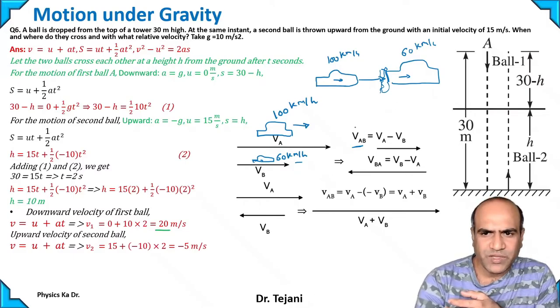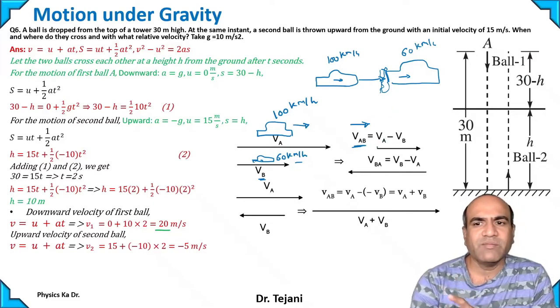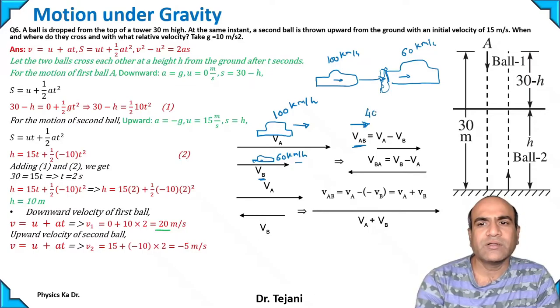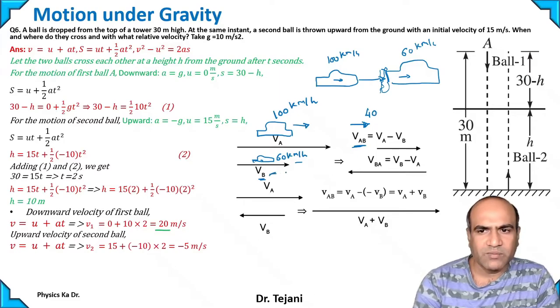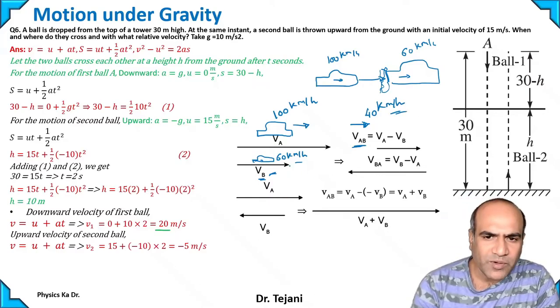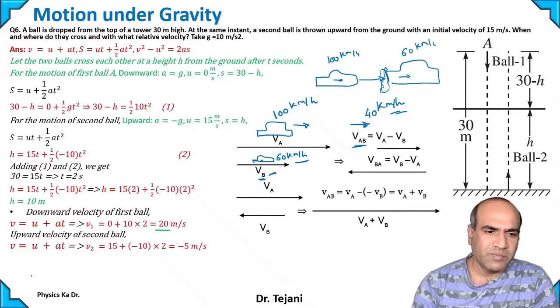Your relative speed with respect to car B is the net speed, and therefore VAB is equal to VA minus VB. You are going in the forward direction with respect to car B at 40 kilometer per hour. And the opposite is also true.